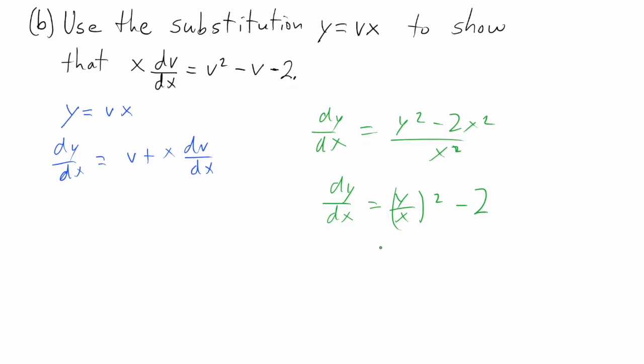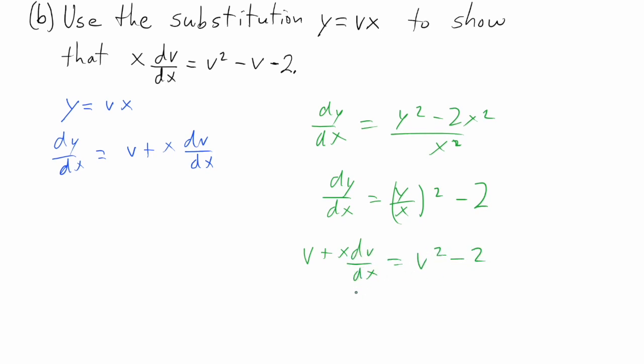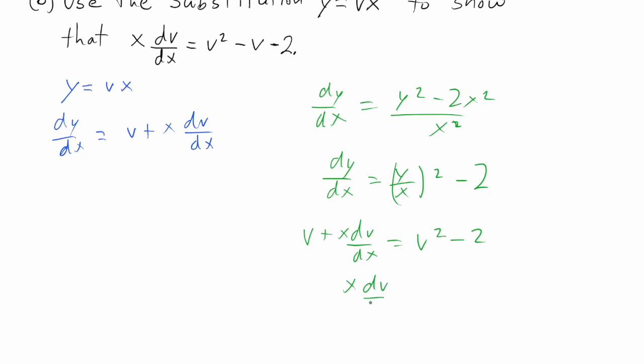And y over x is simply v, and dy/dx equals this. So we have v plus x dv/dx equals v squared minus 2, and hence x dv/dx equals v squared minus v minus 2.